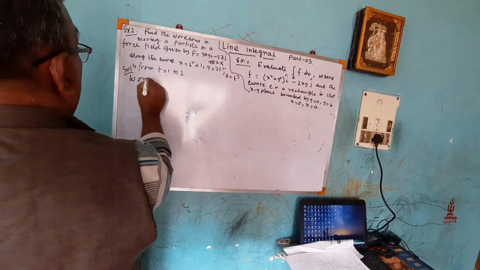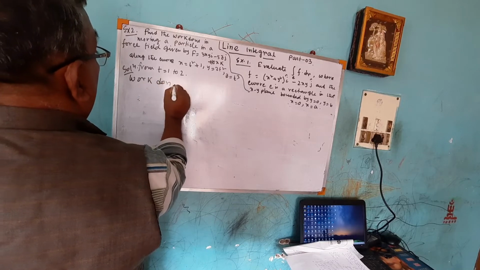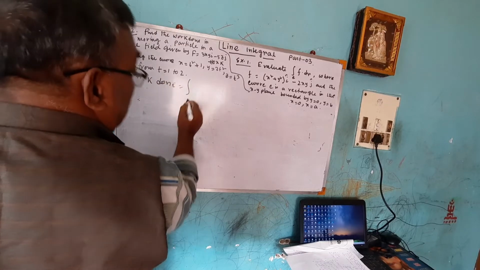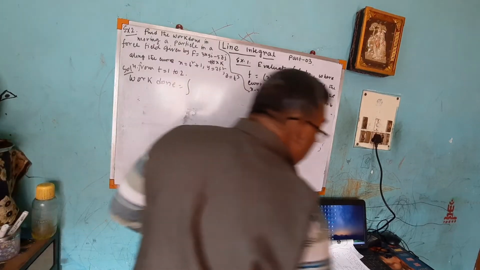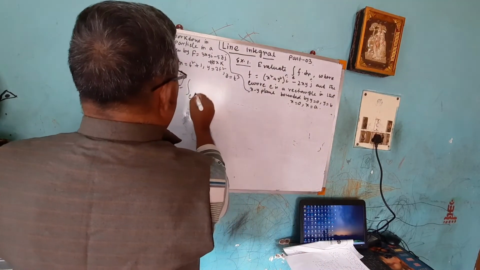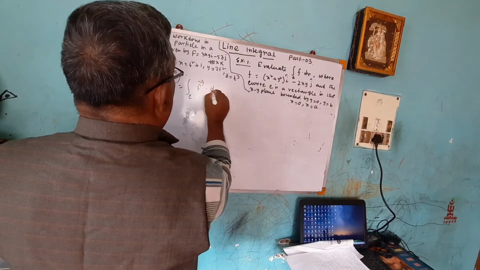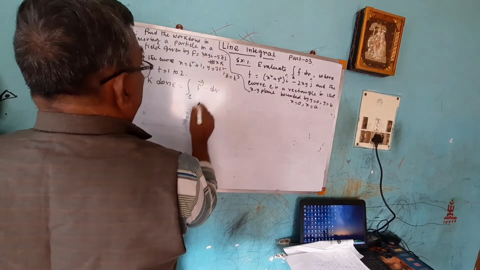Work done equals the integration along C of F dot dr. F value is given.